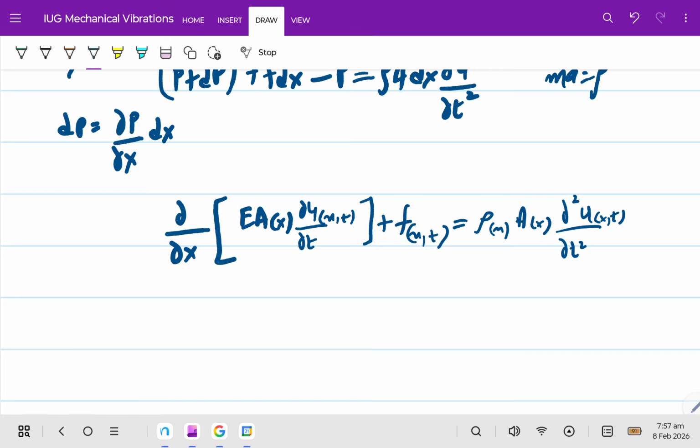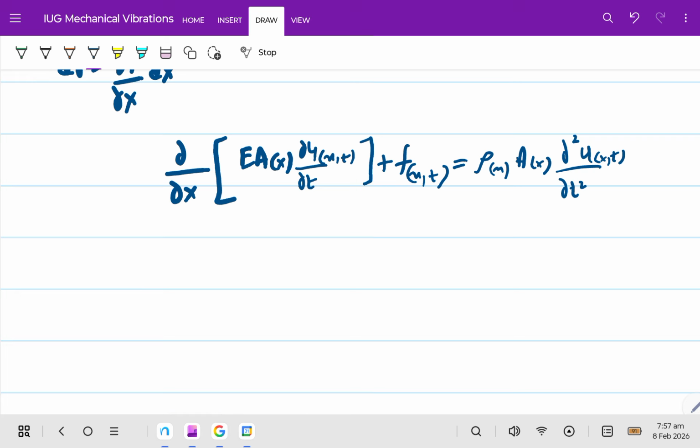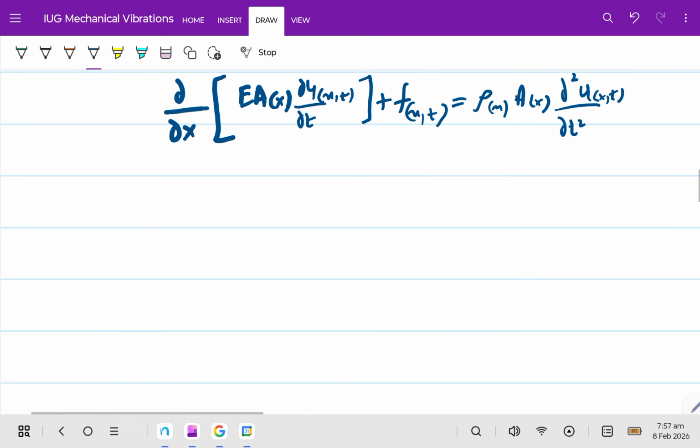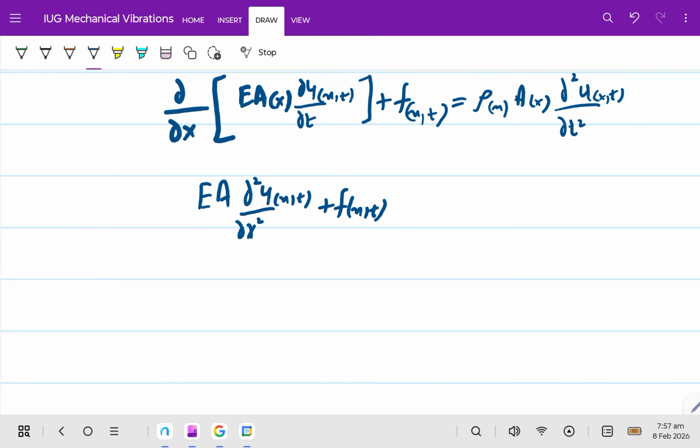So for a bar with uniform cross section, it becomes EA partial squared u over partial x squared of (x,t) plus f(x,t) equals density times area times the acceleration.